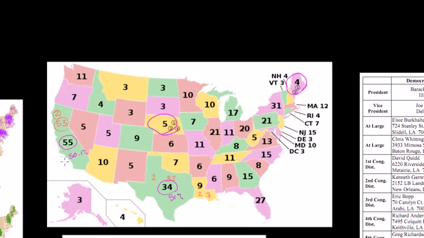And in actuality, the president is whoever gets the majority of the electoral votes in the United States. And right now, that threshold, or that magic number, you could think of it that way, is 270 electoral college votes.